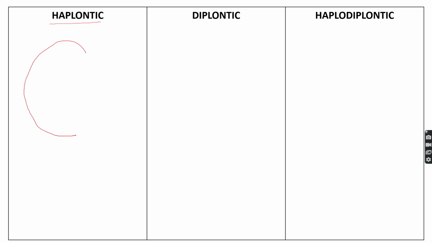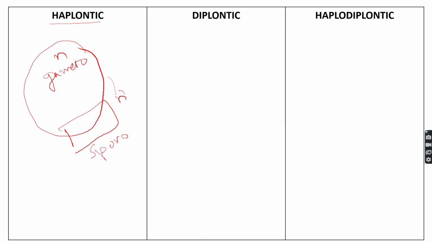As the name suggests, the major part of the life cycle will be in the N phase. That means it is a gametophytic phase, but a small part will be covered by the sporophytic phase. Okay, so as I told, to come from the gametophytic phase to the sporophytic phase, there will be syngamy.